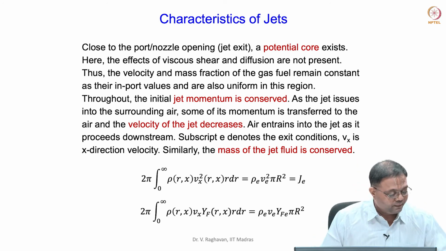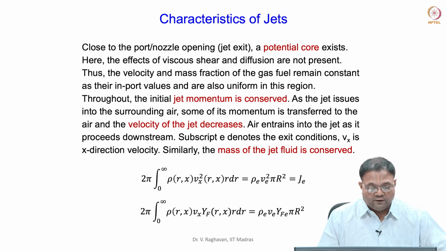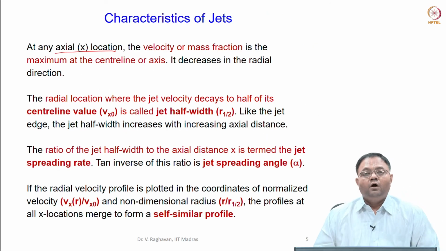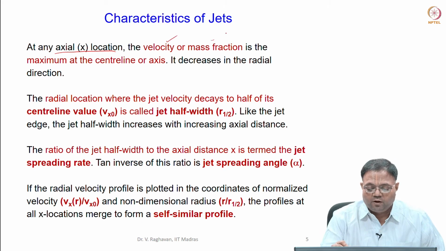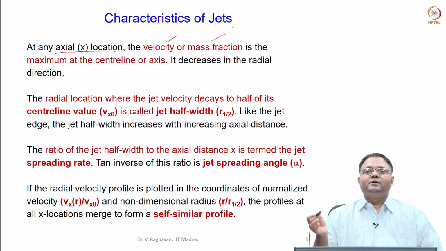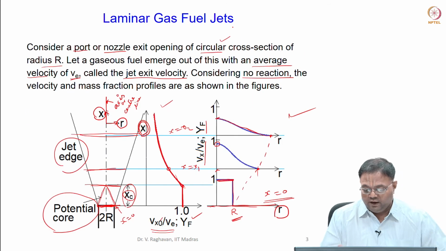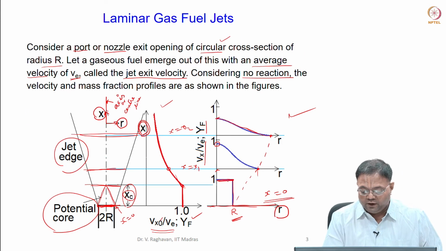Next, at any axial location x, the velocity or the mass fraction is maximum at the center line, as we have seen through the profiles. Here at the exit of the jet, it is maximum and stays there for some time, then decreases to 0 rapidly.